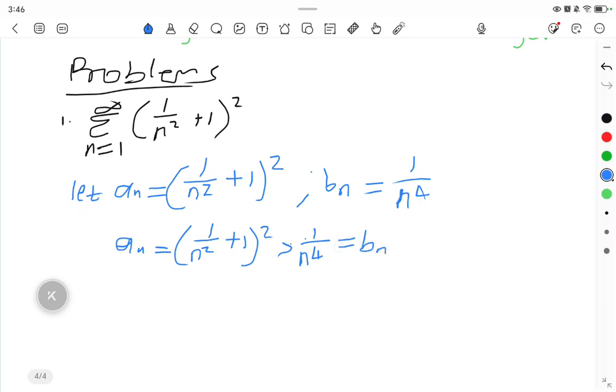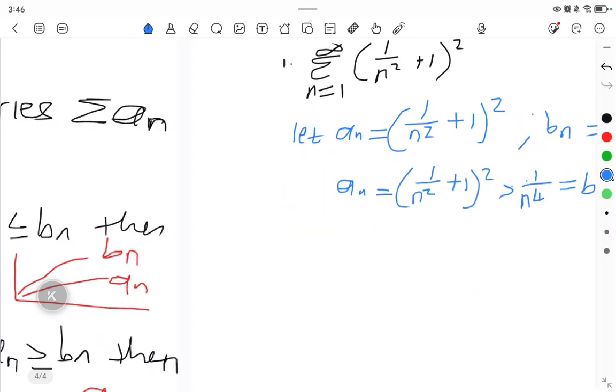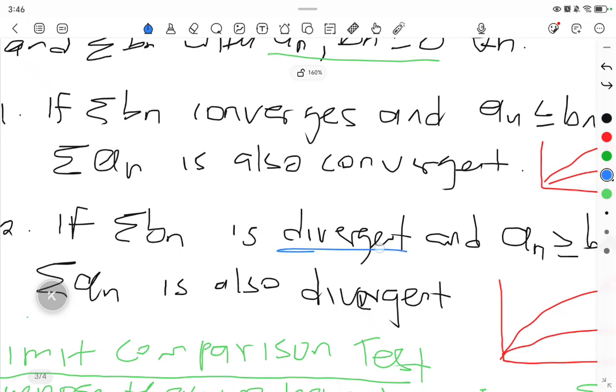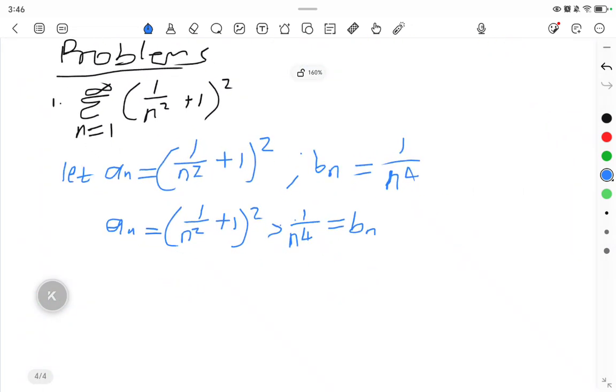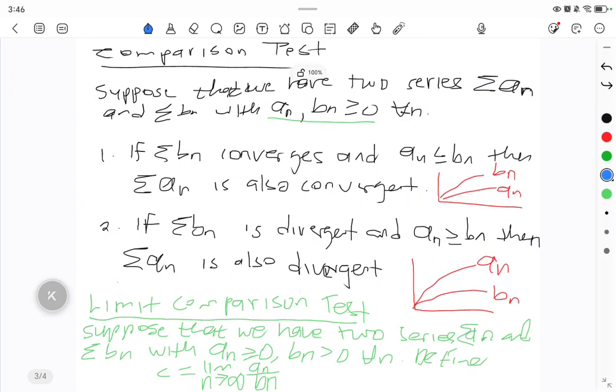When an is bigger, I'll focus on the divergent part. I know I must focus on the divergent part. So we come and do this. Now I get that. Then I check the summation. First I checked whether this is bigger or less than this. After here, I come and check the summation of bn. That is, does it converge or diverge? Then I can now come and conclude here.